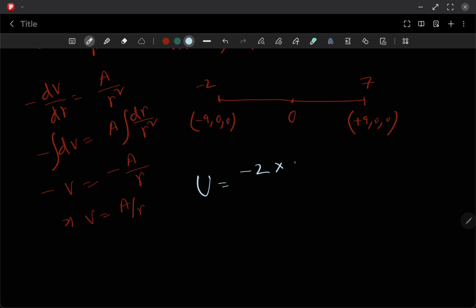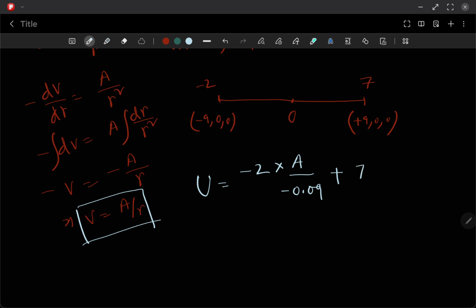V1 is A by R, where R is 9 centimeter, that is 0.09. Now plus Q2 V2.